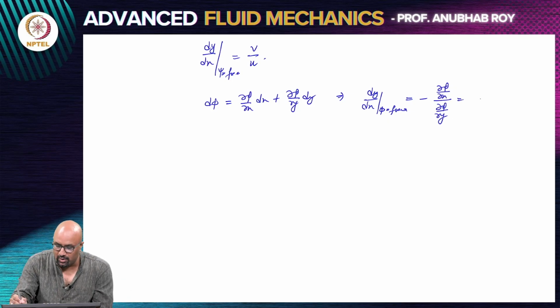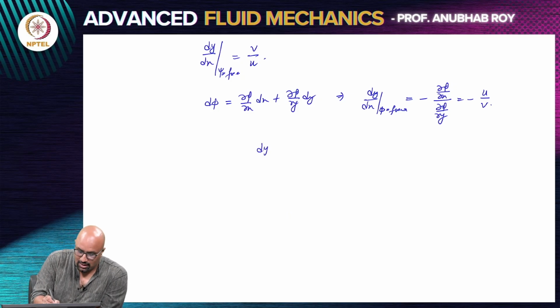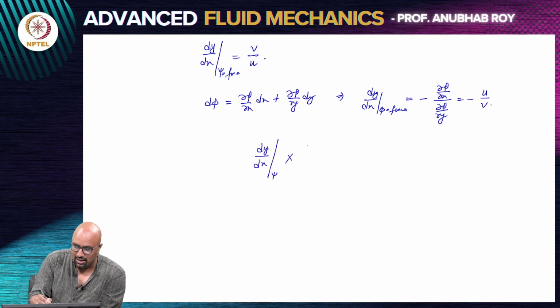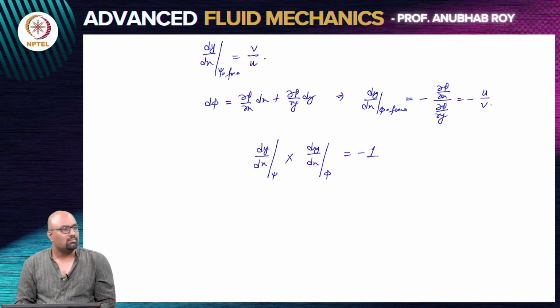Now, what is ∂φ/∂x? u. What is ∂φ/∂y? v. So, what do you have here? dy/dx for fixed psi multiplied by dy/dx for fixed phi is equal to minus 1, which means the lines are orthogonal to each other.